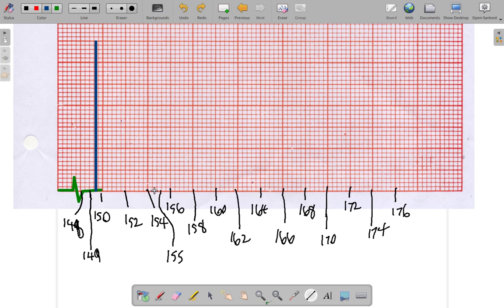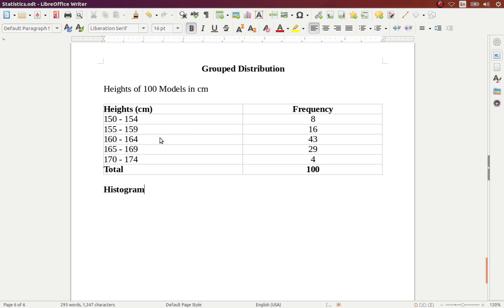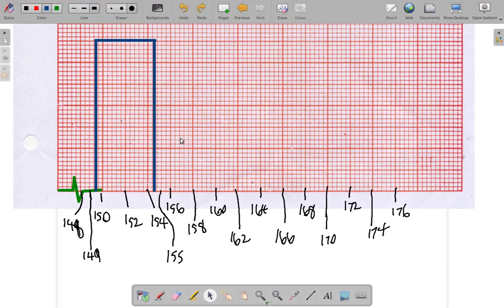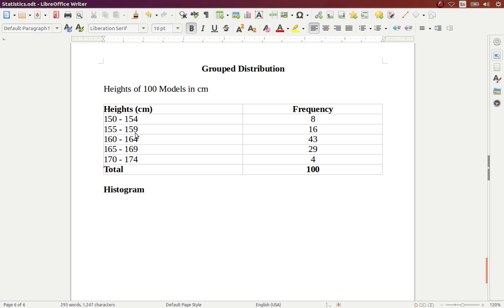So it would be right here. Okay, good. Have that corrected. Now, the next one, 155 to 159, could be as low as 154.5. At 154.5, we've had our 154.5 covered already. This line that ends the bar for the first class will start the bar for the second class. So we don't have to draw it again.